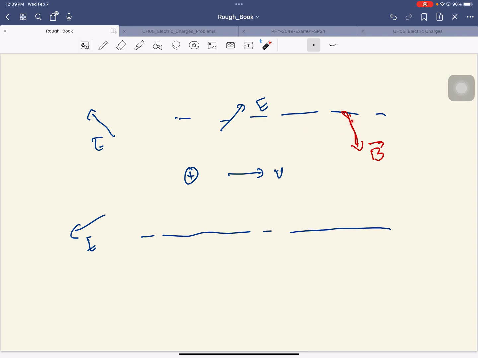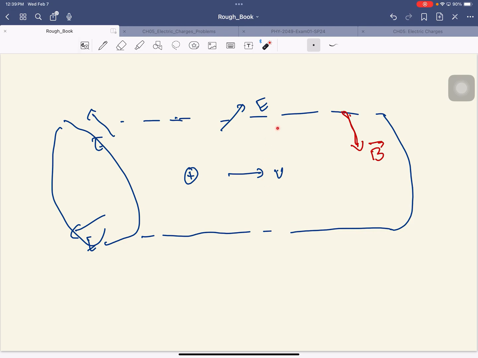And I'll tell you the configuration of this magnetic field. So let me draw that. If this is the charge traveling in this direction, there's the velocity.